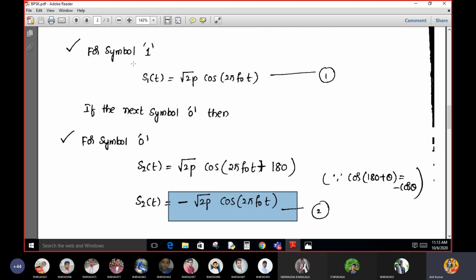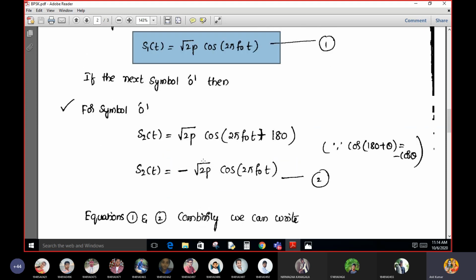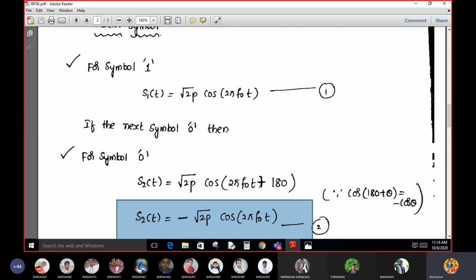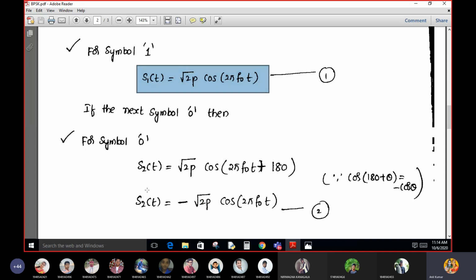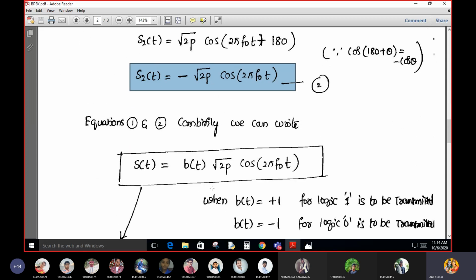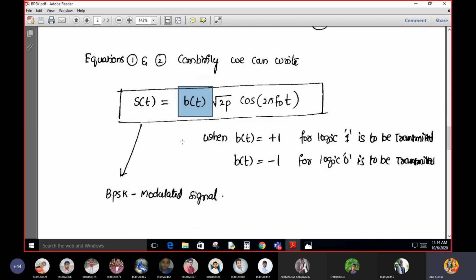So this is the equation for logic 1, and this is the equation for logic 0. If you clearly look at these two equations, one will be plus and one will be minus. So these two can be combinedly written as b of t into root 2P cos 2 pi f naught t. This is the BPSK modulated signal waveform.